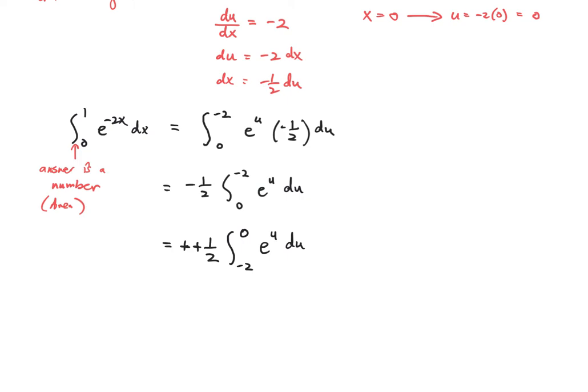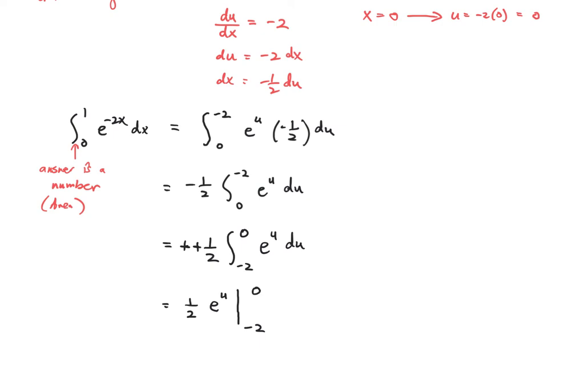Finally, I need to find the antiderivative. So the 1/2 stays there. The antiderivative of e to the u is just e to the u. And this time we are going to put a little vertical bar here. We're going to put the lower limit of negative 2 and the upper limit of 0.